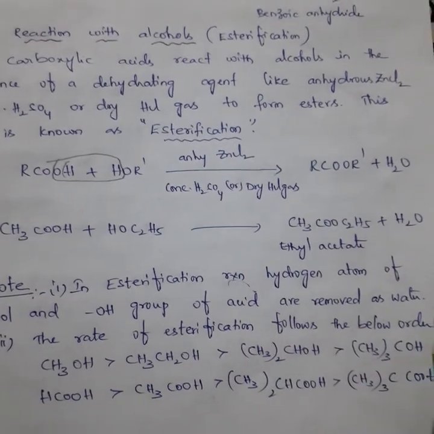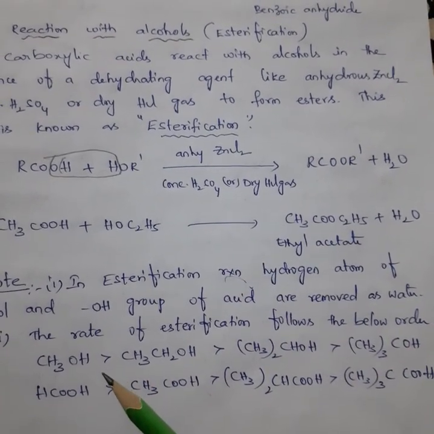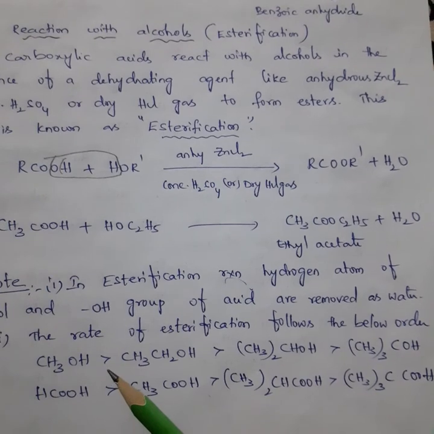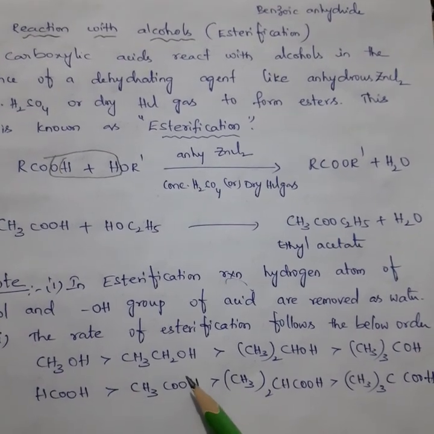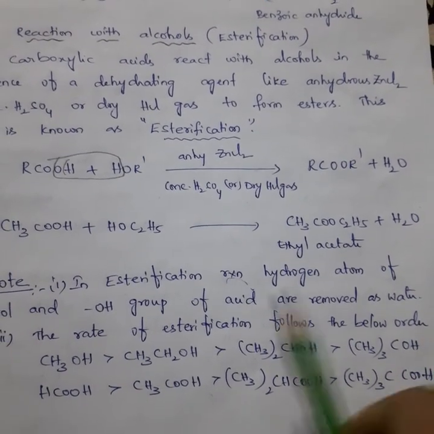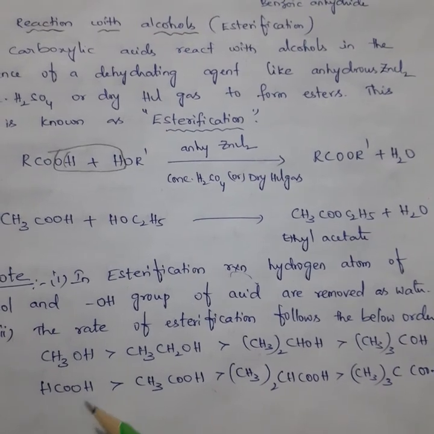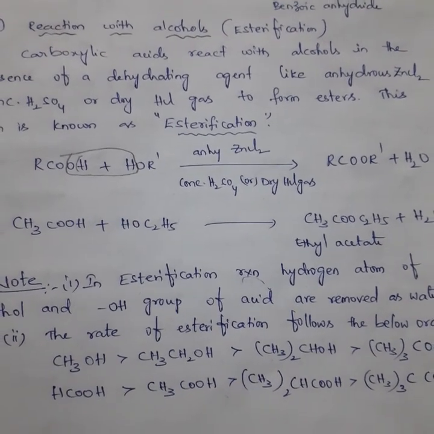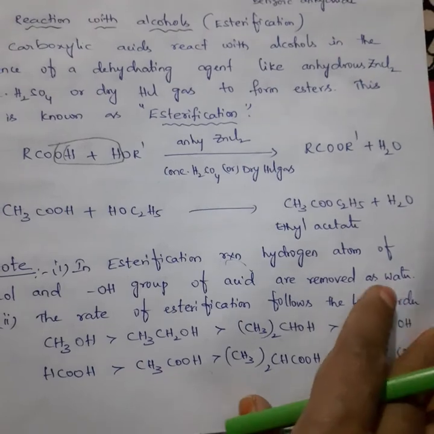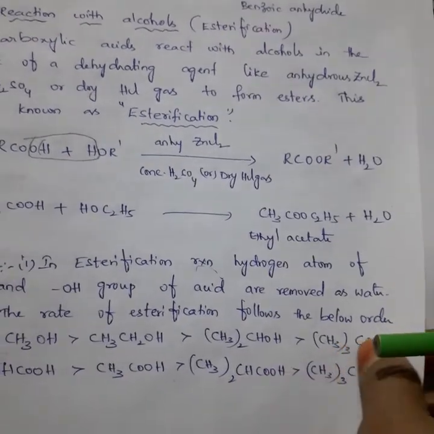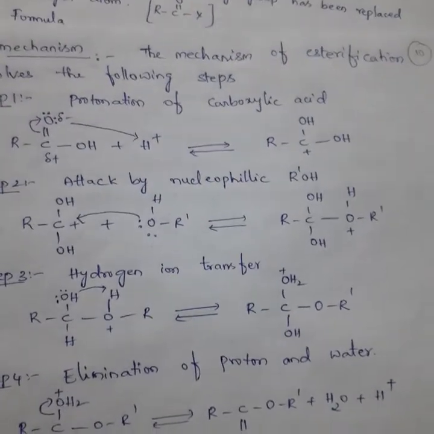And regarding the rate of esterification, methyl alcohol undergoes esterification more quickly than ethyl alcohol, and so on. And among the carboxylic acids, formic acid undergoes esterification more quickly compared to acetic acid as well as propanoic acid, like that.